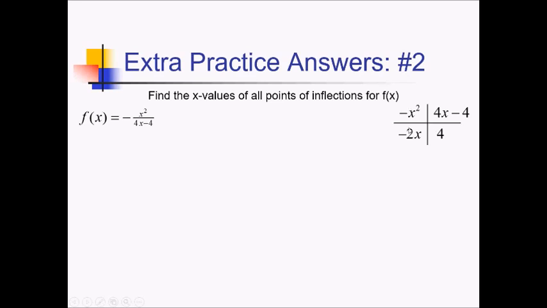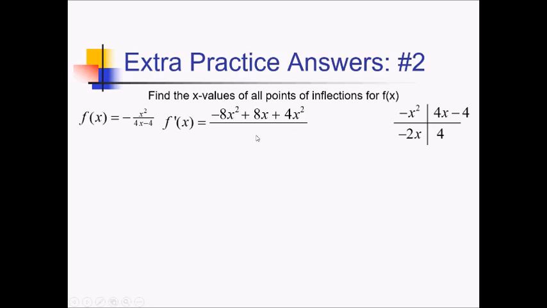Multiplying this out with the ribbon now, I've got a big fraction going on here. We're going to have negative 2x, and I'm going to just distribute that to the 4x minus 4 right away. So this is going to be negative 8x squared plus 8x. And then we're going back the other way, minus negative x squared times 4. So that's going to be plus 4x squared.